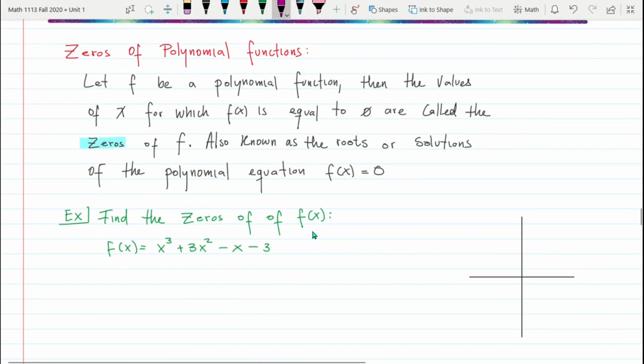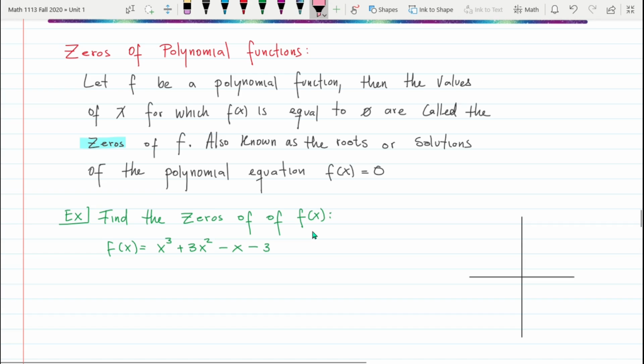Next, let's talk about the zeros of a polynomial. What are the zeros of a polynomial? First, we want to think of a function f that is a polynomial function. Then the values of x for which f of x equals 0 are called the zeros of f. Those are also known as the roots or the solutions to the polynomial equation f of x equals 0.